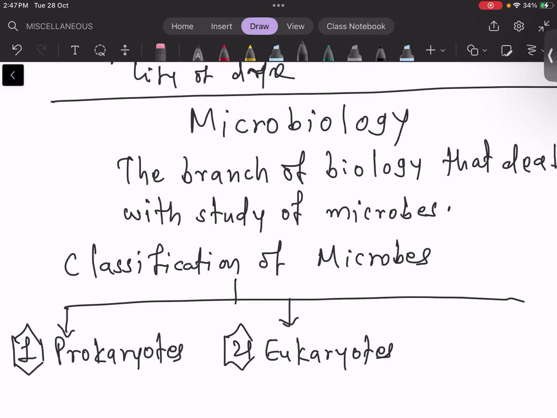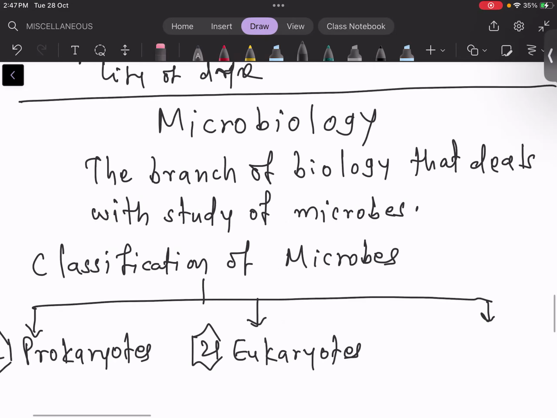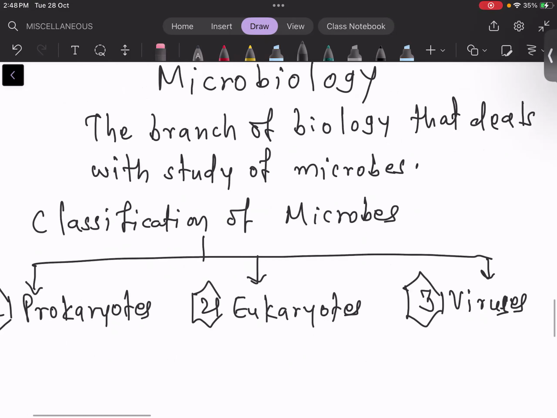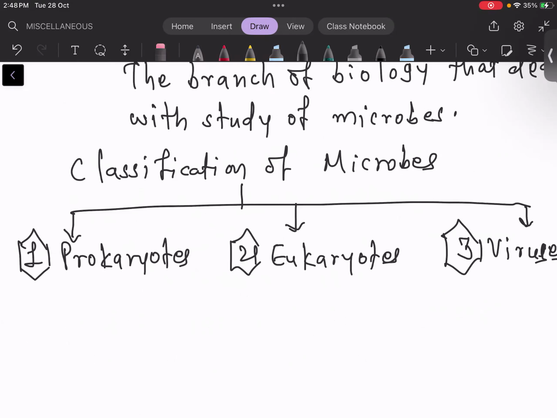Karyotes. Then third, viruses. So first one is what? Prokaryotes. What are prokaryotes? They are simple cells without a membrane-bound nucleus or other organelles.